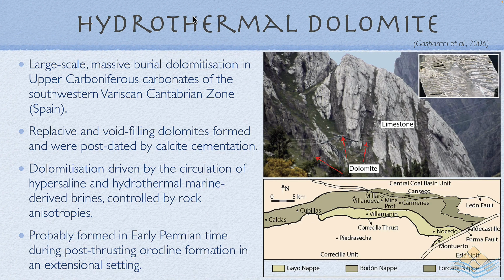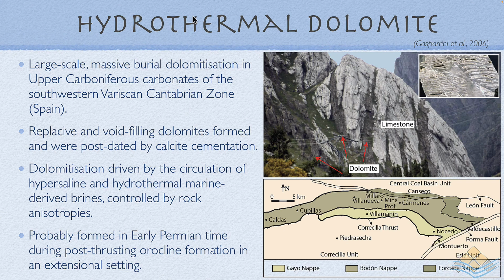Here's an example from the Variscan Cantabrian zone in Spain, just to give you the types of associations and geometries we see. The darker grey intervals here in the Barcaliente formation are dolomites, where they are replacing limestone along what were more permeable zones fed off a fault system with this very characteristic zebra texture, which we'll discuss a little later, indicative of hydrothermal dolomite association.